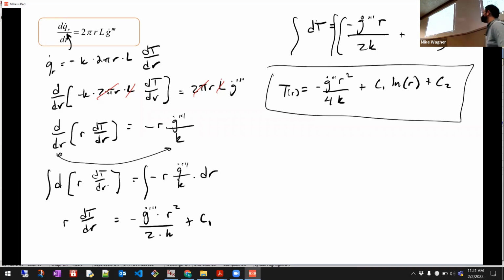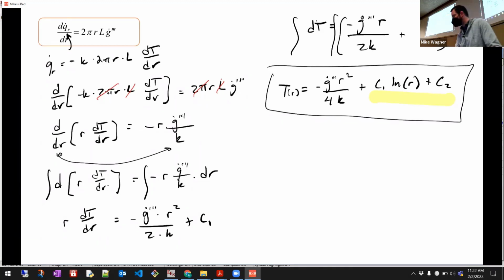Right, so I just came up with a general solution for temperature in this conducting body that includes generation. Make sure that makes sense to you. One thing to point out, if you've seen this before, you maybe recognize this: this part, C1 ln of r plus C2, is the same thing we derived before, when we did this for cylindrical coordinates without generation.